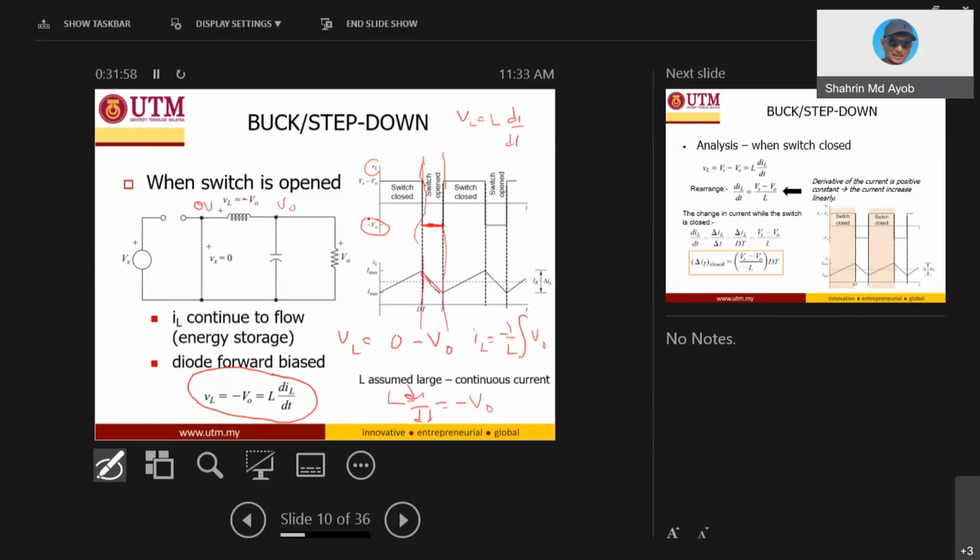Since this is a negative value, the slope is negative, meaning that it is going down from maximum to minimum values. So we have completed the analysis when the switch is on, and the analysis when the switch is off.